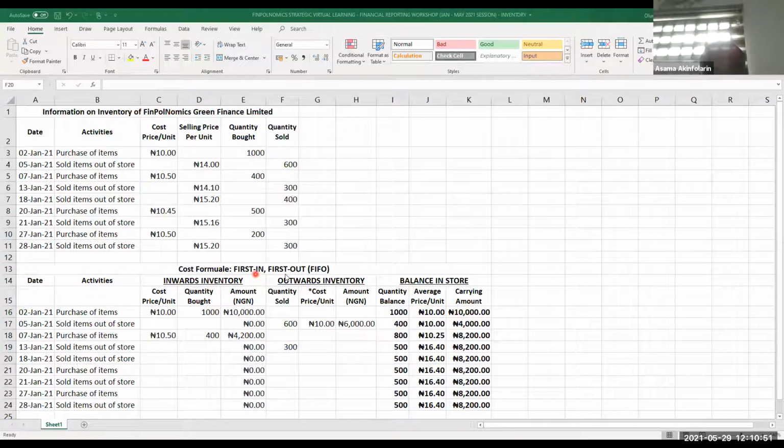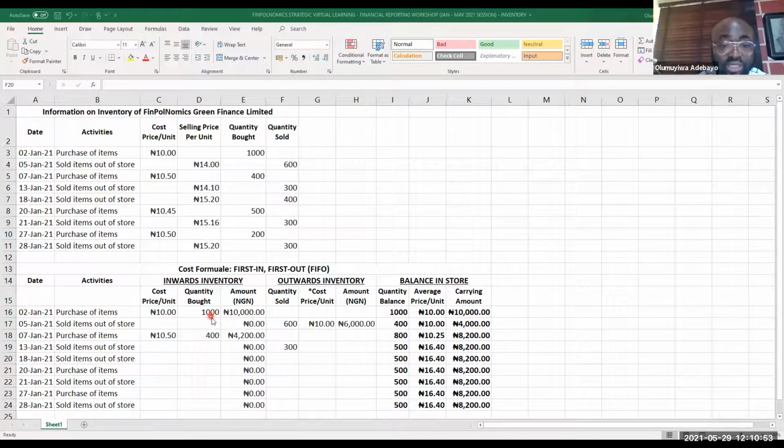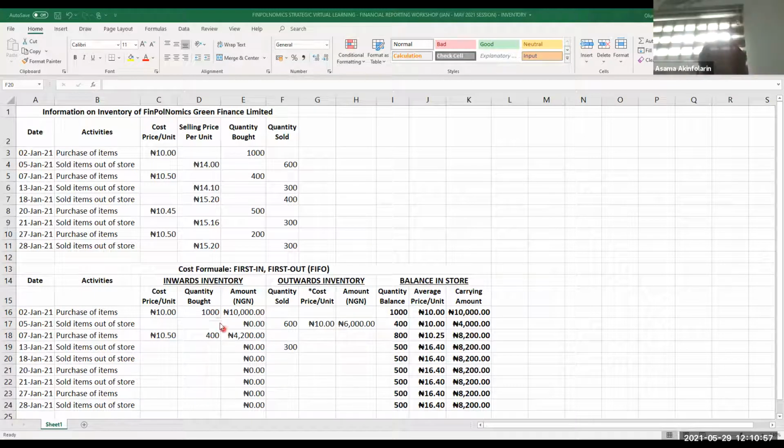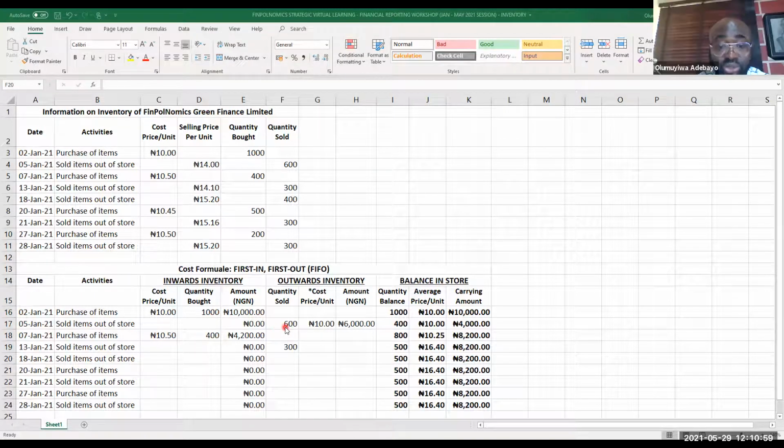But first in, first out means we must have sold this 1,000 in all before we can move into this 400. Out of this 1,000, 600 has been sold, leaving 400. Therefore, I can sell 300 out of it at the same rate of 10 naira.